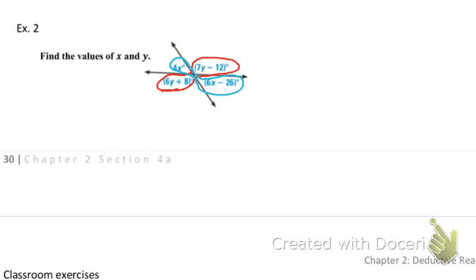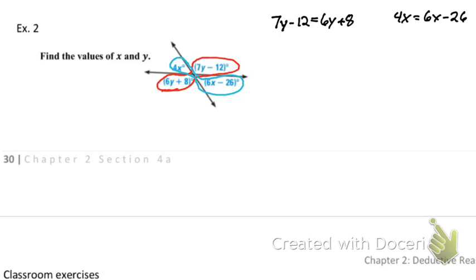Well, vertical angles are congruent, so that allows me to say they're equal to each other. So I can then say that 7y minus 12 equals 6y plus 8, and I can also say that 4x equals 6x minus 26.